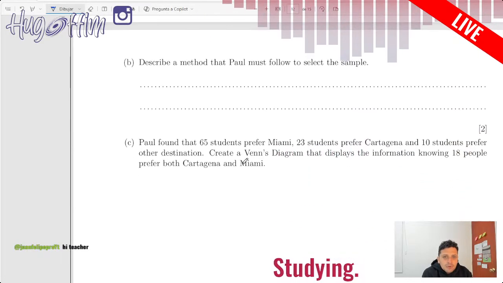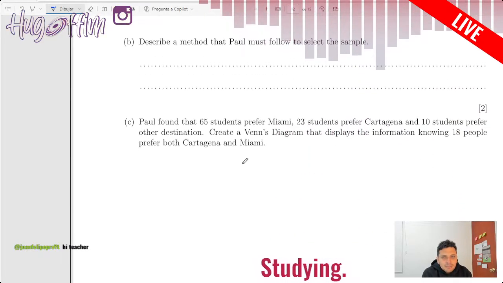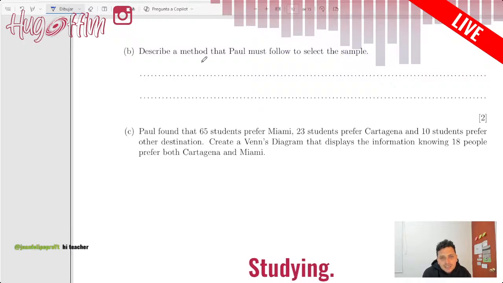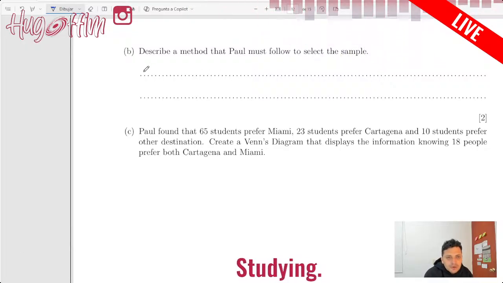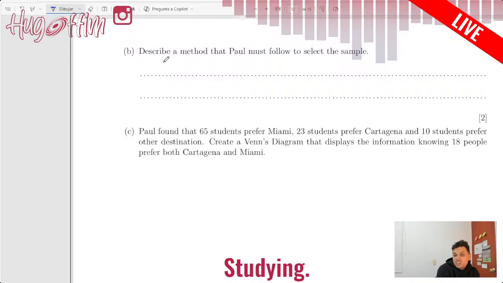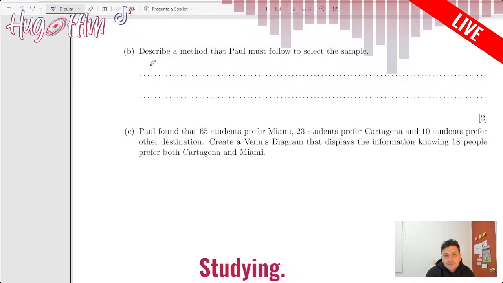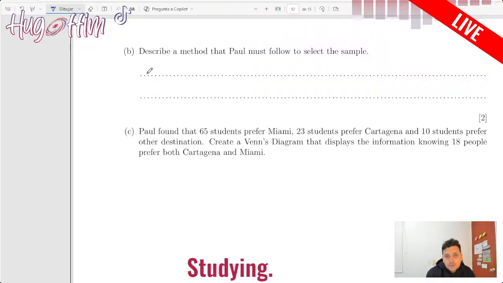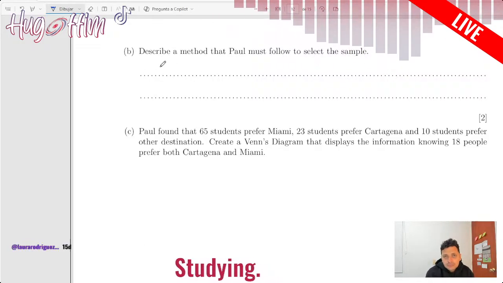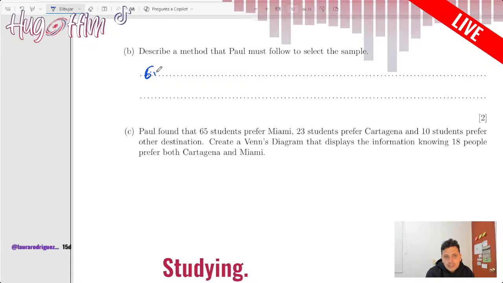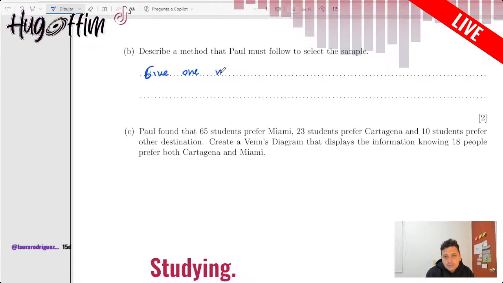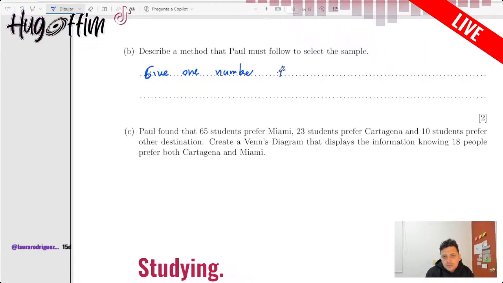Describe a method that Paul must follow to select the sample. Any method that is random will help him select. For example, a method you can follow to select the sample correctly is that you give each student one number. Every student has one number.